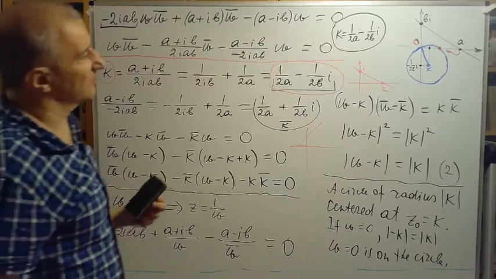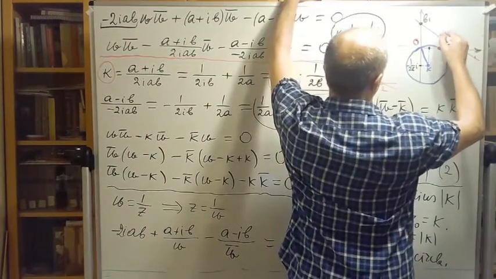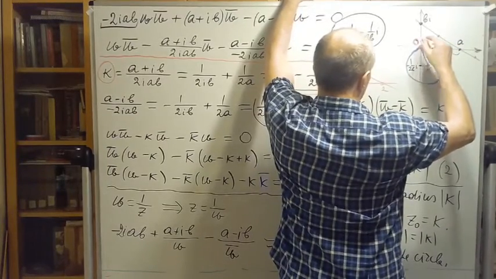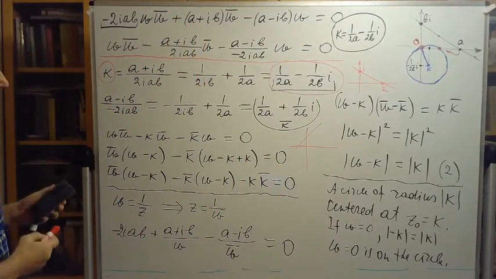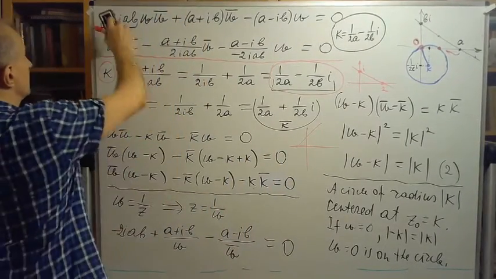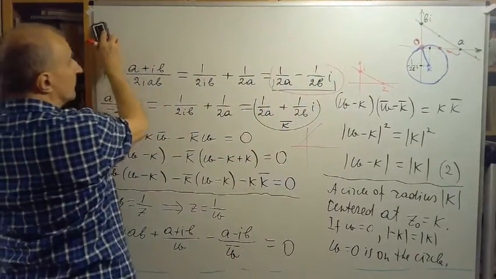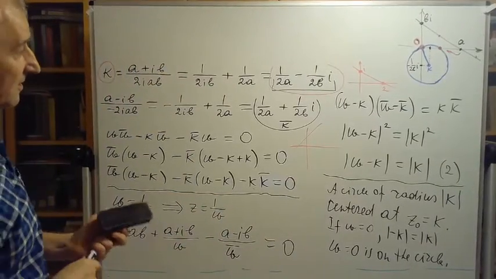And for any point on the line, you can find its image. And now I have a good question. The origin must be the image of some point on the line under the transformation.